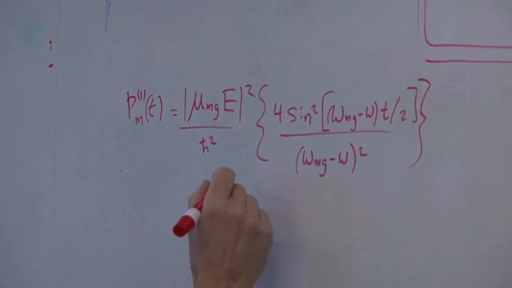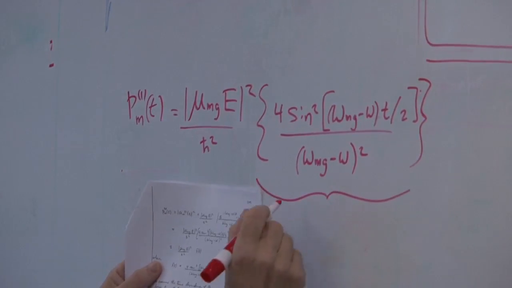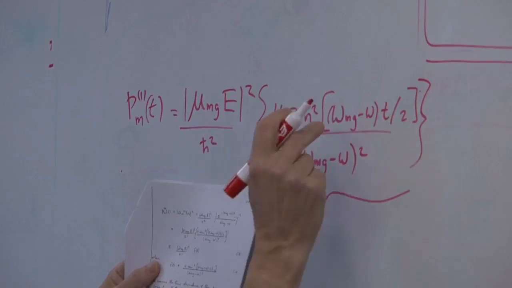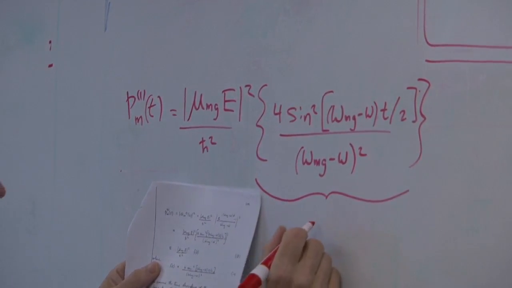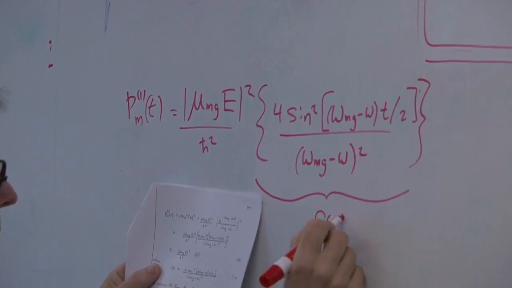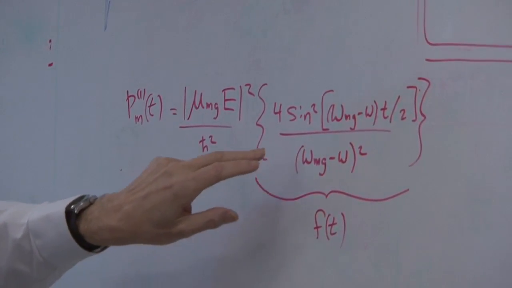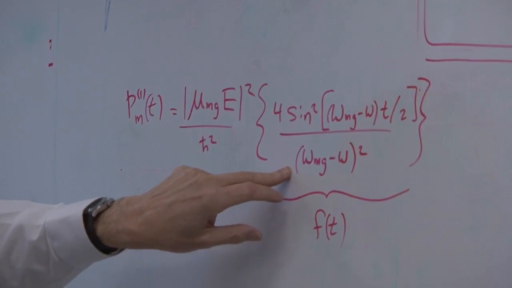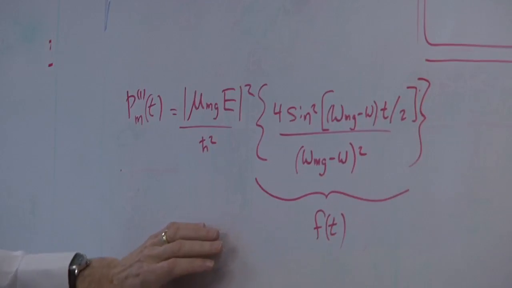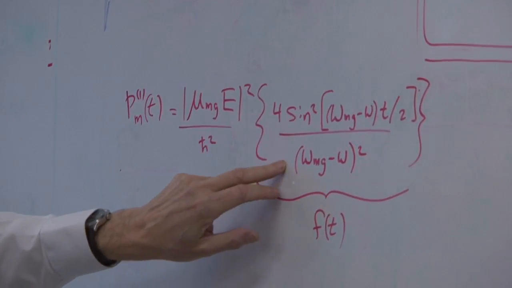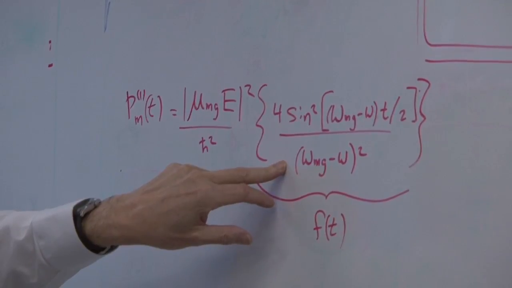And this quantity here, 4 sine squared over this, let's call this f of t. And let's take a look at the functional form of f of t. And this is the one that we said we're going to have to play a few tricks on ourselves.